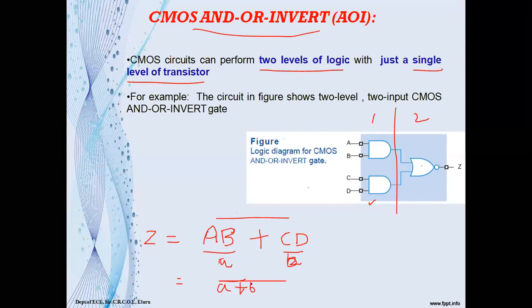Now how can we implement the CMOS NOR gate? What is a pull-up network? The PMOS transistors are the pull-up network. What is a pull-down network? NMOS transistors are the pull-down network. Now, for a NOR gate, will the pull-up network be in series or parallel?